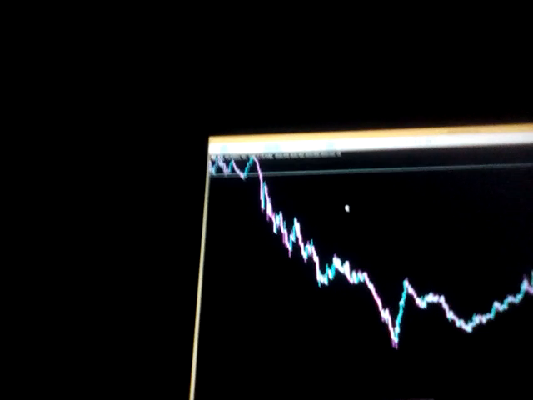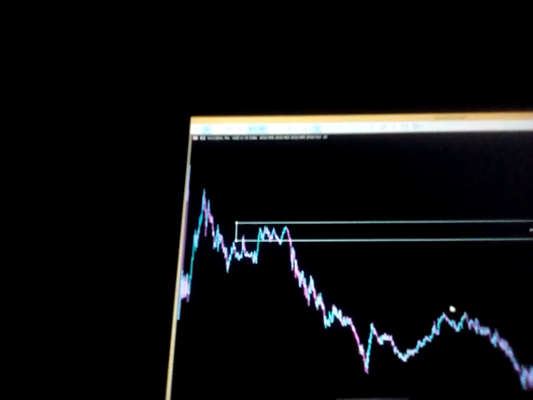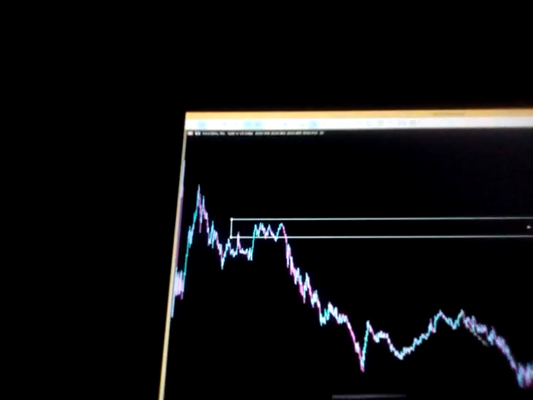Now you have to wait for the move to form this kind of structure. If it is a bearish move, it must print a low, a higher low, and a lower low.